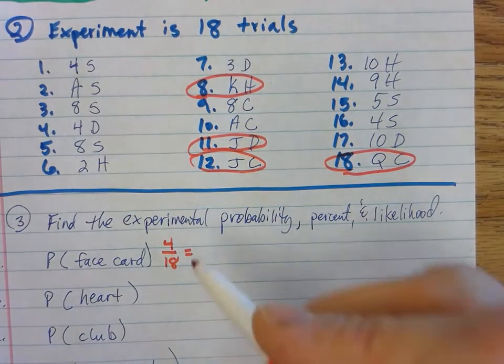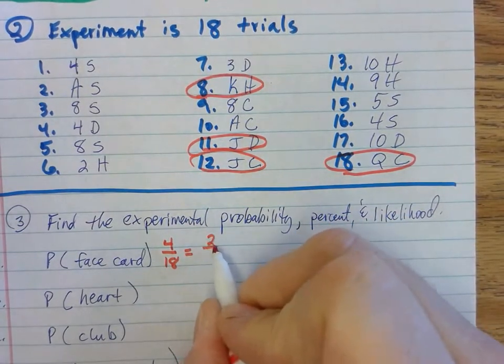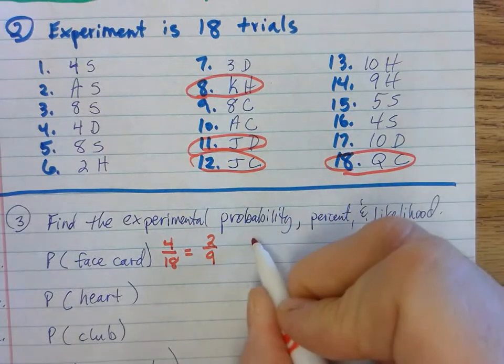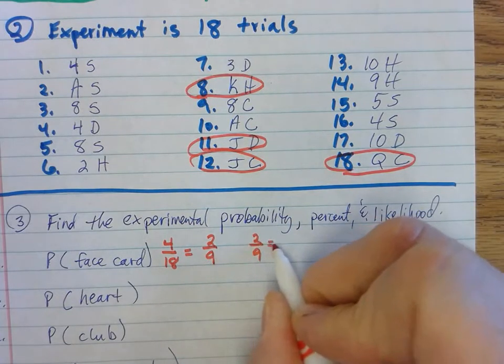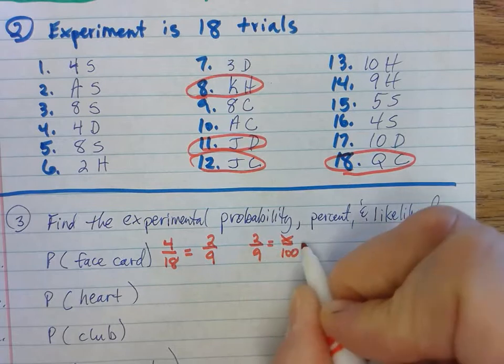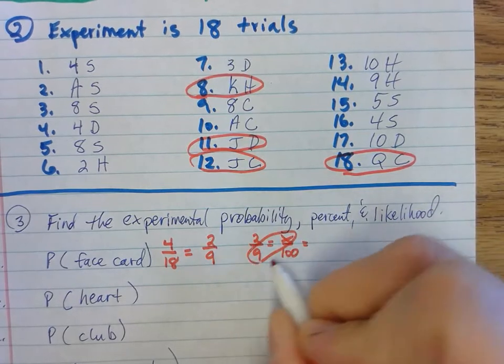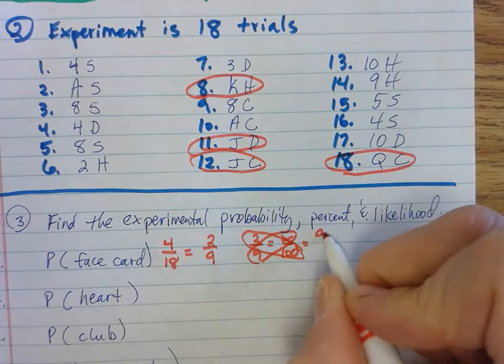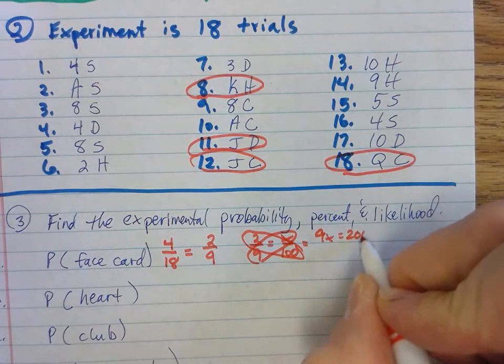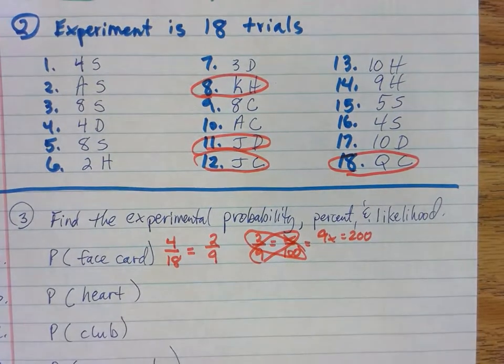I can simplify that and divide them both by 2 and take it down to 2 ninths. And I can do 2 ninths equals x over 100. That would be 9x equals 200. Get my little calculator here. Do 200 divided by 9.